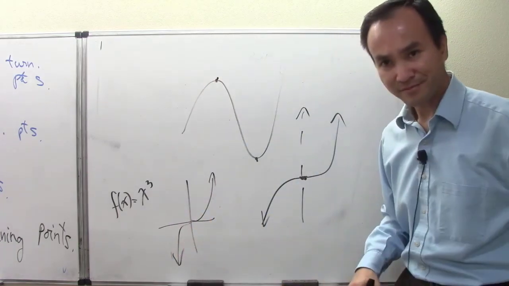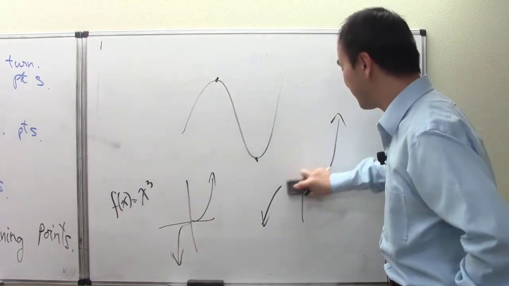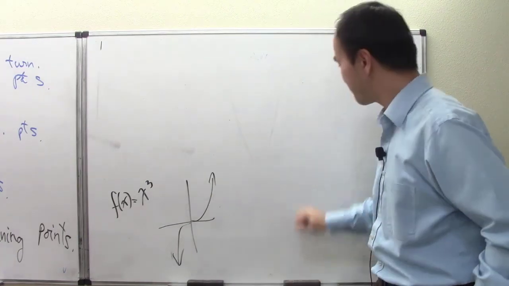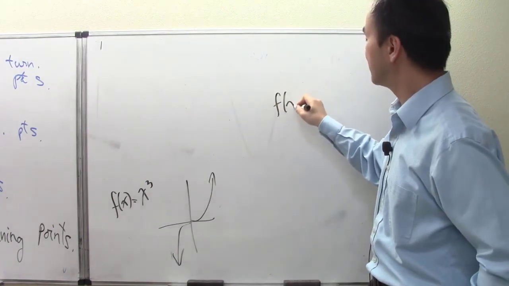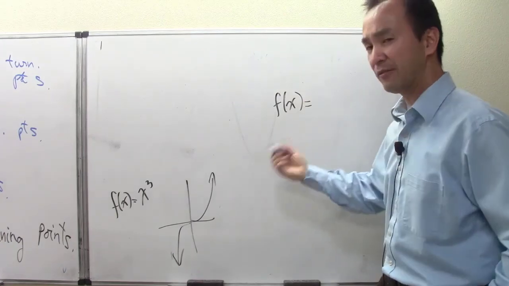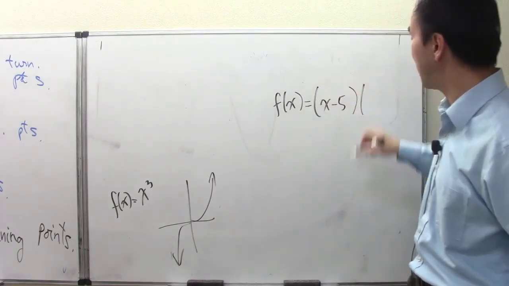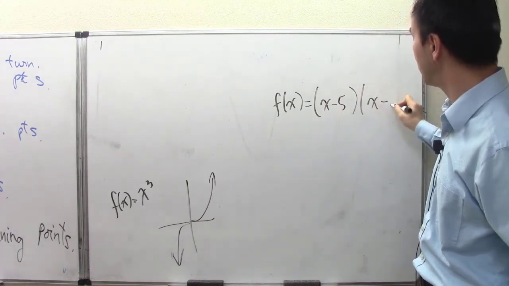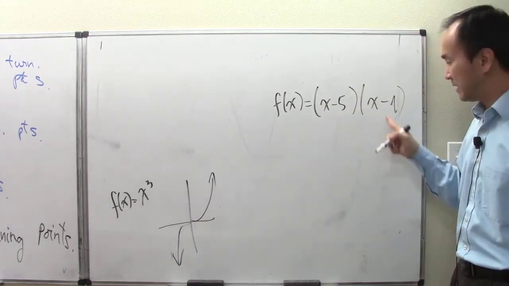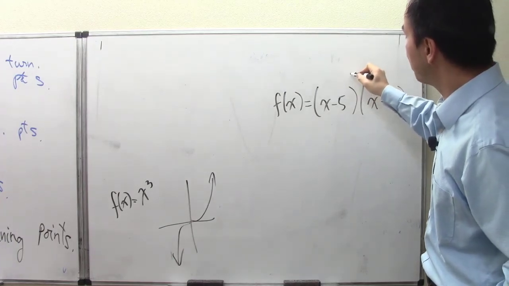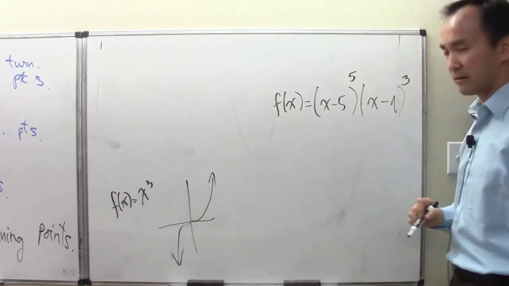Okay, and then we have learned through our discussions on the zeros of any polynomial, when we have a polynomial in factored form, and let's say x minus 5 is a zero of the polynomial, and x minus 1 is another zero of the polynomial, but here we're looking at the fifth power, and here the third power, for example.